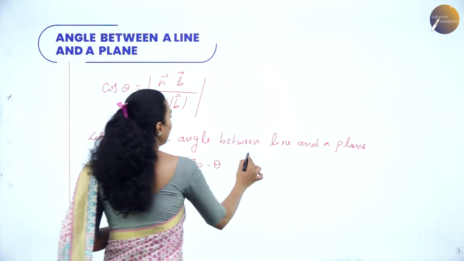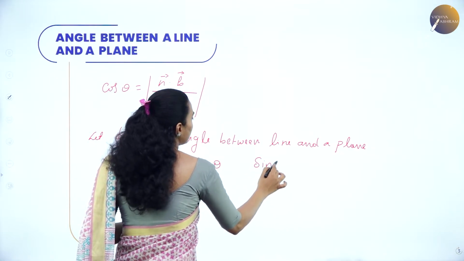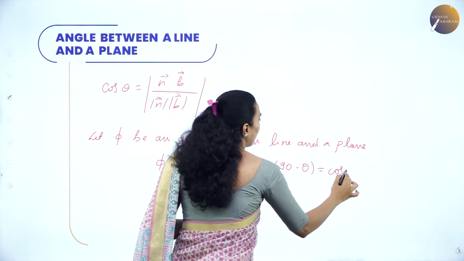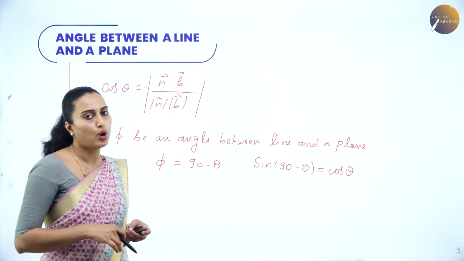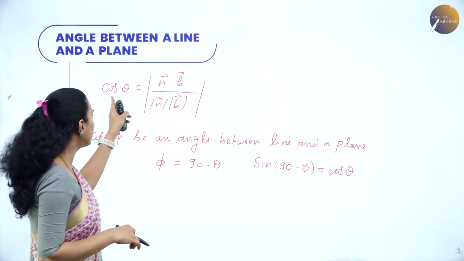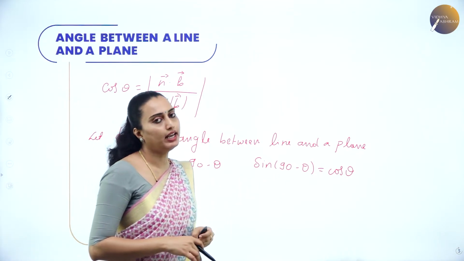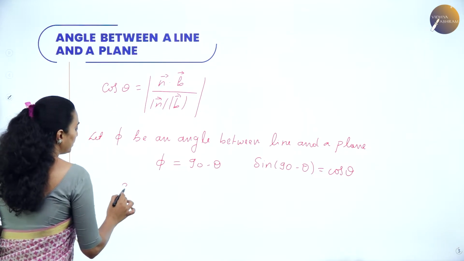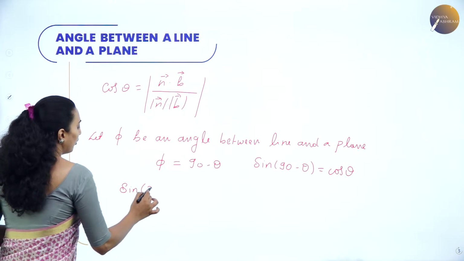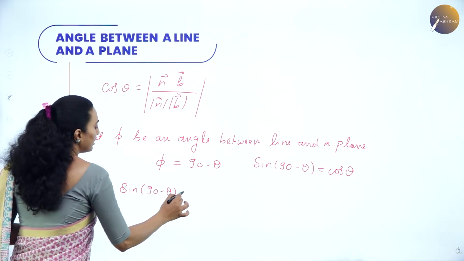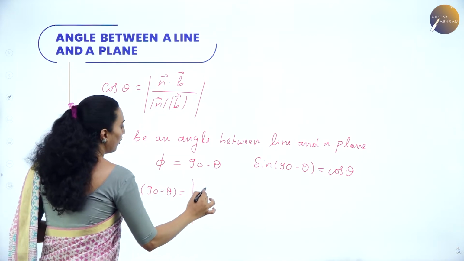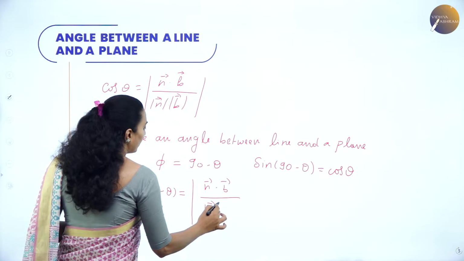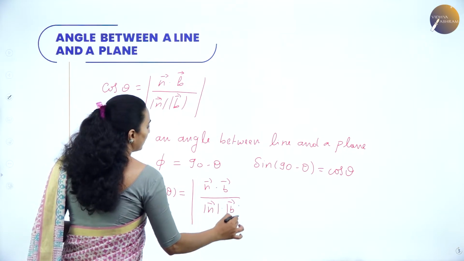Sine of 90 minus theta is equal to cos theta, you know already according to the allied angles. Now, in place of cos theta, I am going to consider sine of 90 minus theta. Therefore, sine of 90 minus theta is equal to magnitude of n vector dot b vector divided by magnitude of n vector into magnitude of b vector.